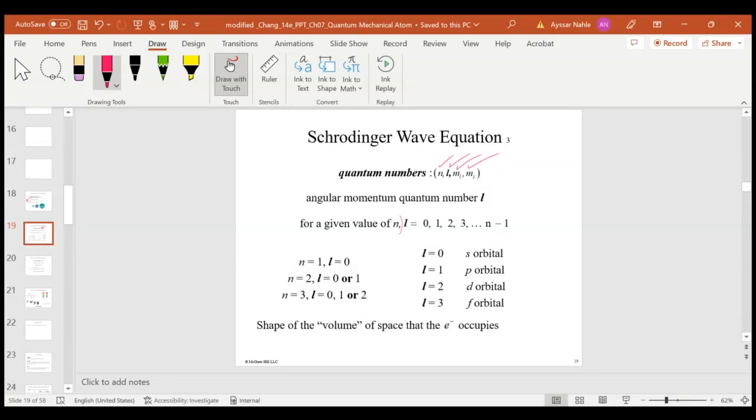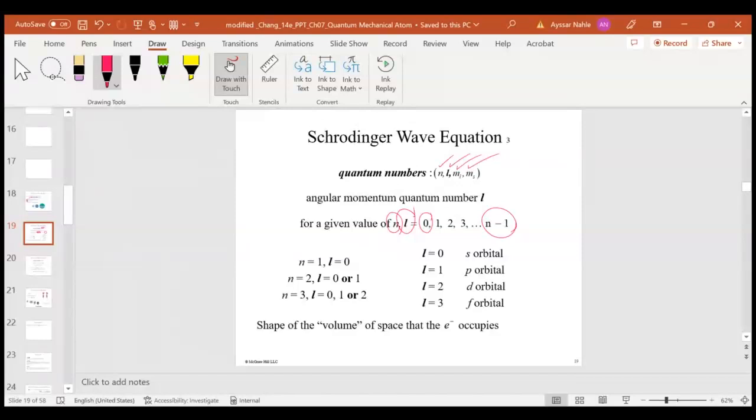Again, the value of the first quantum number, the principal quantum number, or the shell number, goes from 1 to infinity. But the second quantum number, the subshell or secondary quantum number, goes from 0 to n minus 1.